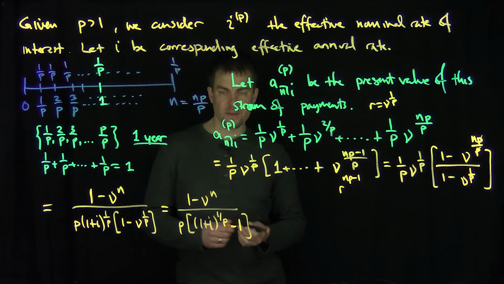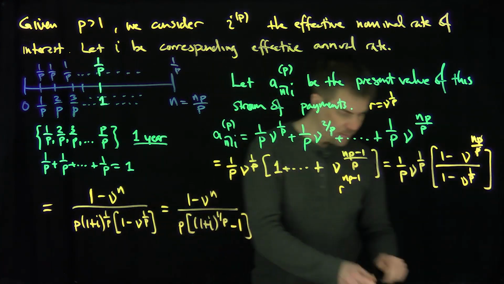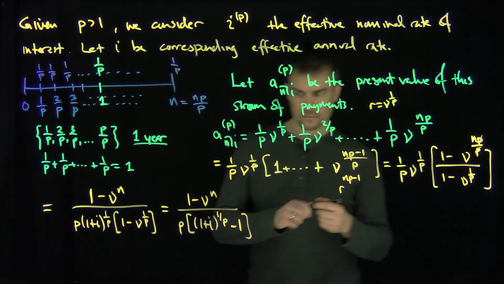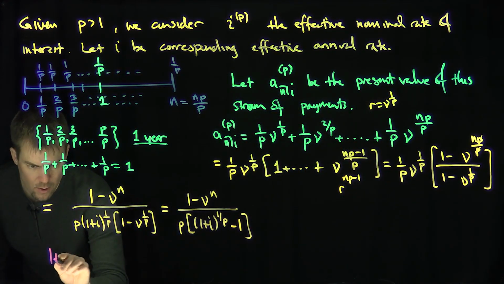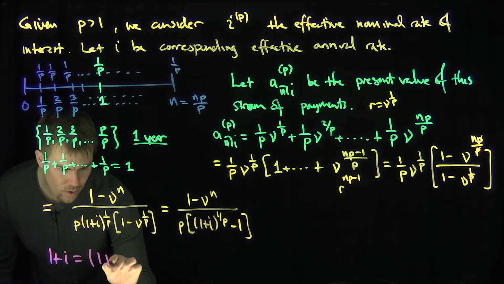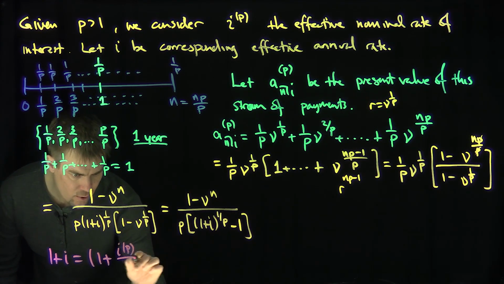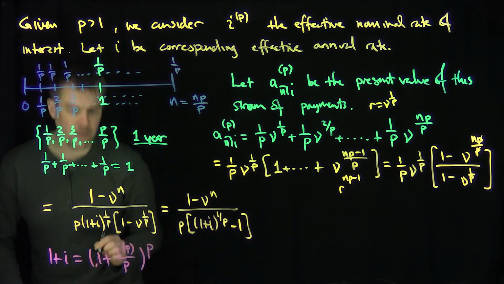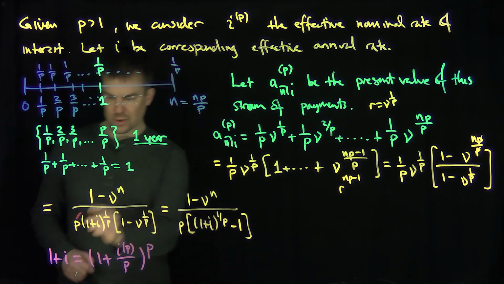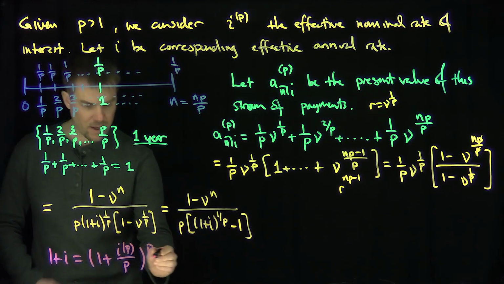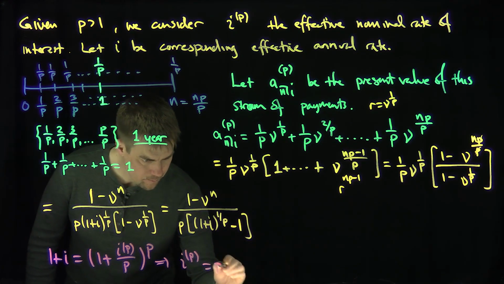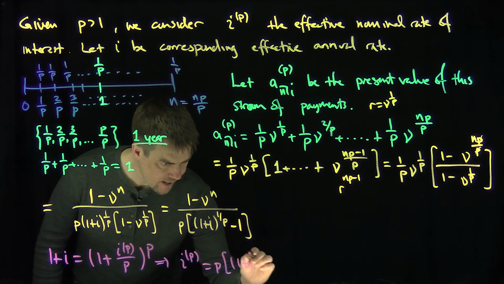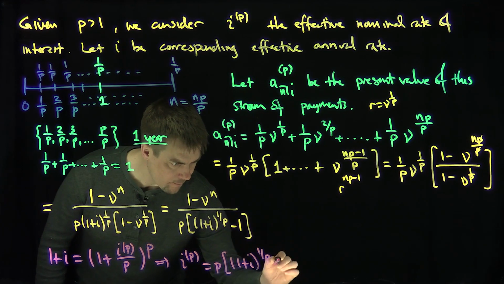Now what is this expression in the denominator? Recall that there's a relationship: 1 plus i is equal to (1 plus i^(p) over p) to the power p. So if I raise 1 plus i to the power 1 over p, this implies that i^(p) over p is 1 plus i to the power 1 over p minus 1.